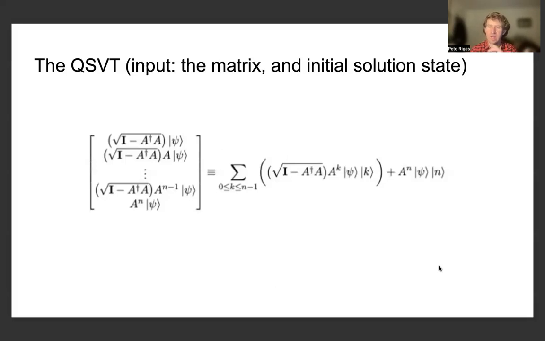And then the nth term that we have is A to the n of psi times the quantum state for n. So this is just giving an exact expression for how one can obtain the solution of some partial differential equation in terms of taking the summation over n minus 1 terms of this row vector and then adding on an nth term, which represents the value of the solution state that we obtain by time evolving the Hamiltonians at time step n of the time evolution that we're performing.